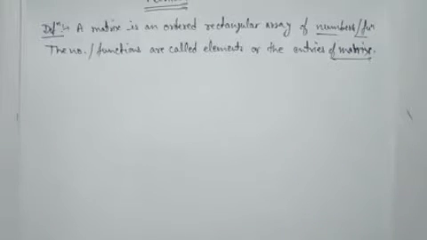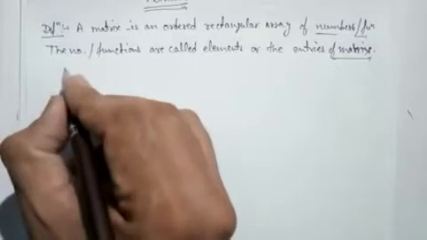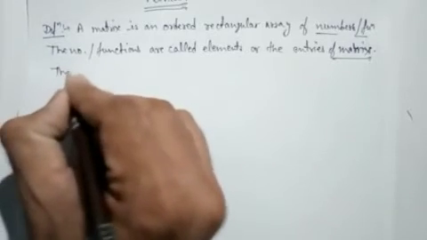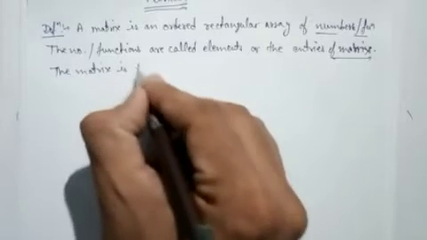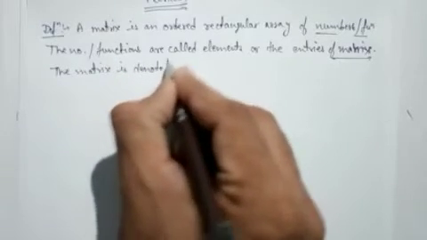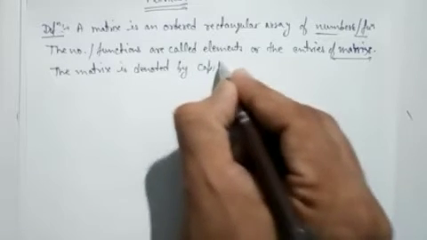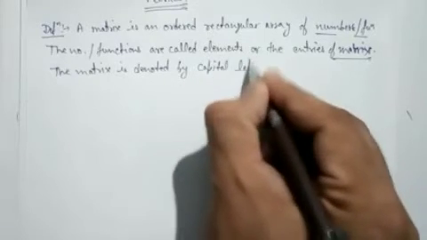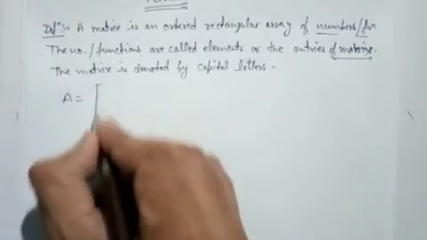Clear? Generally, a matrix is denoted by capital letters. For example, let A be the matrix.